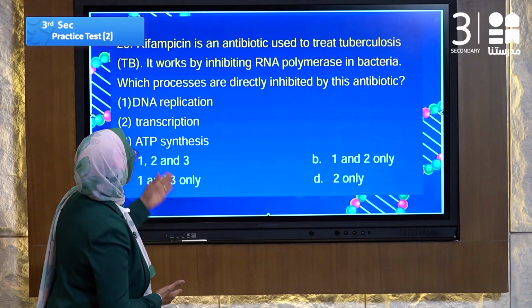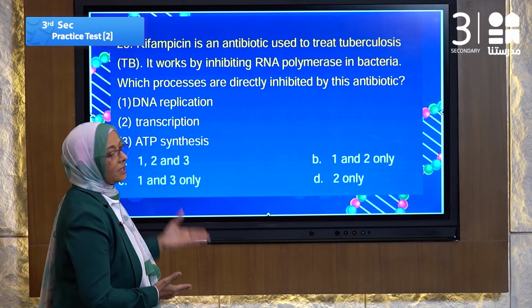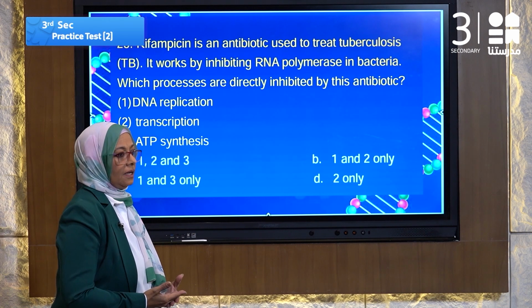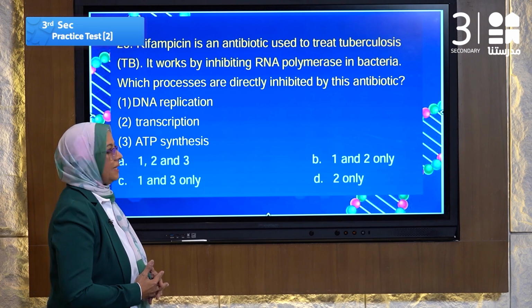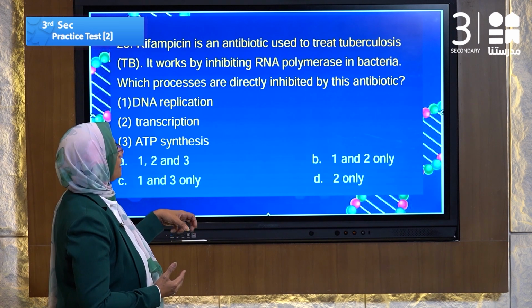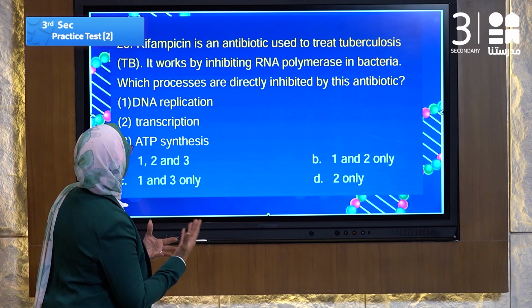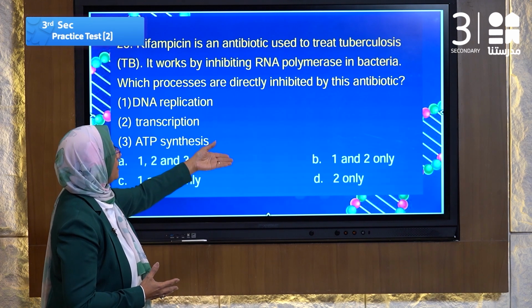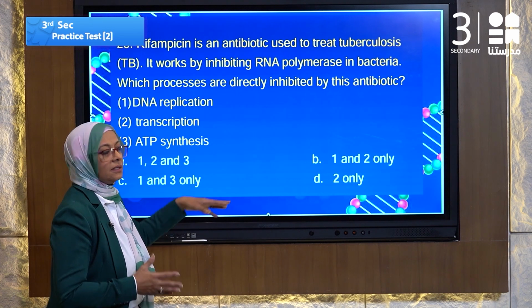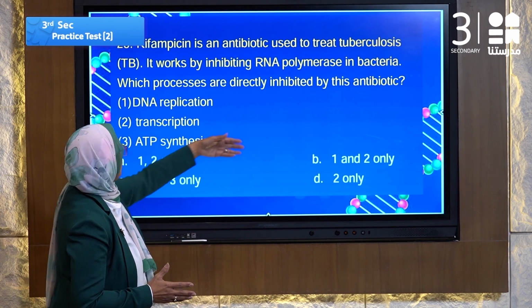Rifampicin is used to treat tuberculosis, TB, a disease that infects some parts of the body. It works by inhibiting RNA polymerase in bacteria.